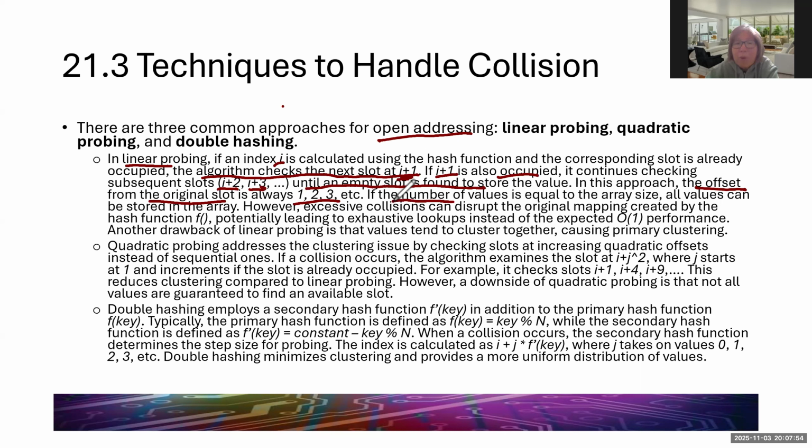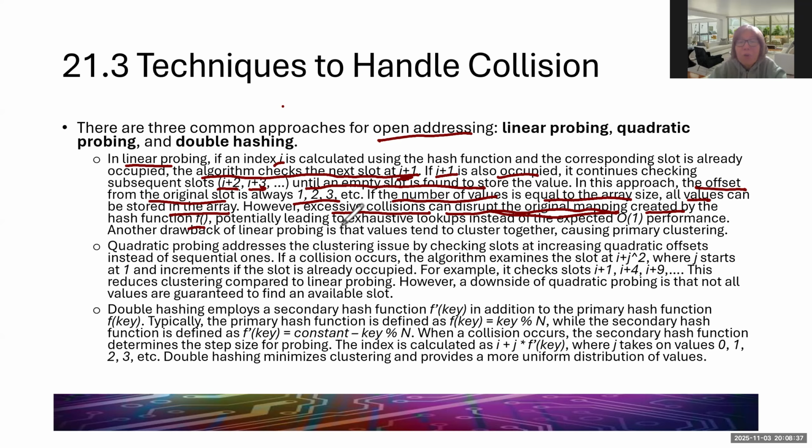If the number of items is equal to the array size, then all items will be stored in the array, so no problem. But there is an issue with collisions, because excessive collisions can disrupt the original mapping. When you take over I plus 2, I plus 3, maybe they are the original index for some other key, so that disrupts the original mapping created by the hash function.